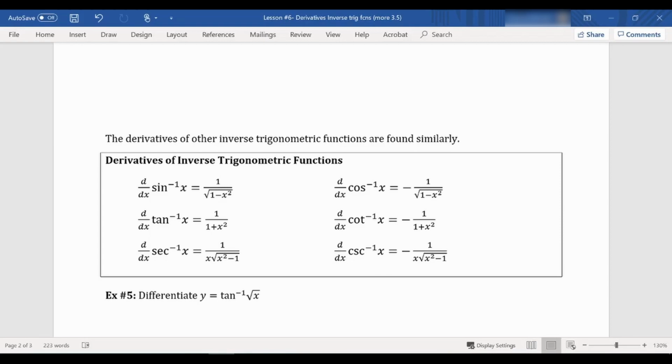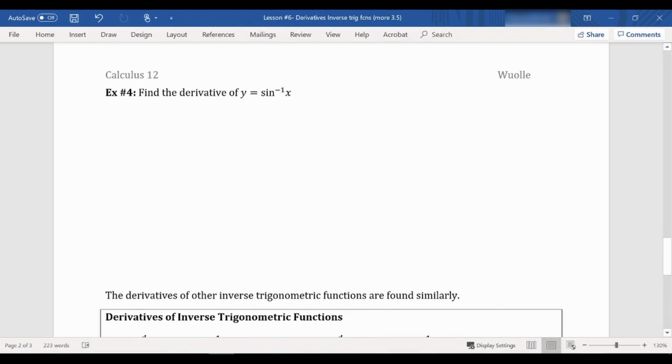But the first question, we're going to actually show you how to come up with these. Because when you do this course in university, unless you have the most generous prof to ever walk the earth, this chart will not be given to you. So that either means you're memorizing this entire chart or you're able to find these on your own. Okay. So I want to find the derivative of an inverse, but I don't know how to do that yet. So what I'm going to do is rewrite it into something I do know how to find the derivative of. I know how to find the derivative of sine, not inverse sine, sine.